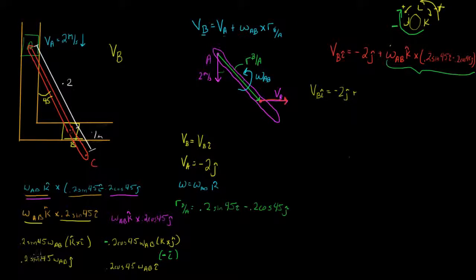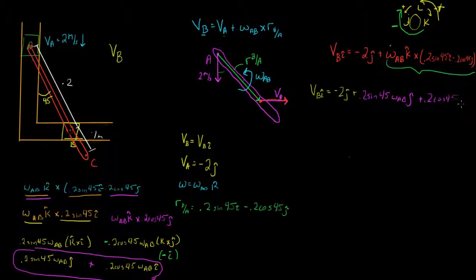Now this is our answer for the cross product, and there's a plus sign in between. So we can just simply put this back into this equation. So we're going to have 0.2 times the sine of 45 omega AB j plus 0.2 times the cosine of 45 omega AB i.